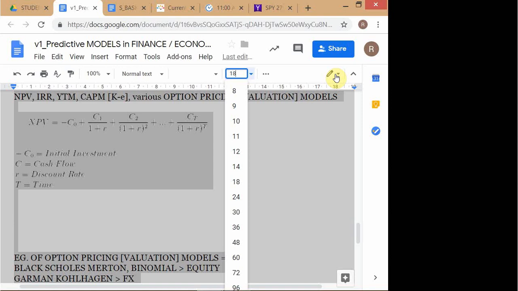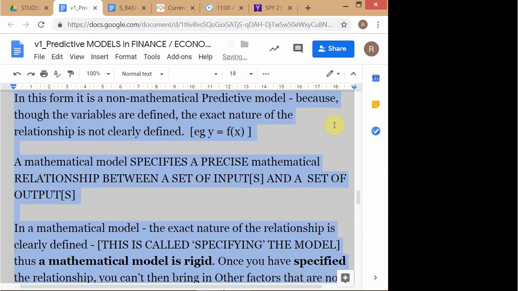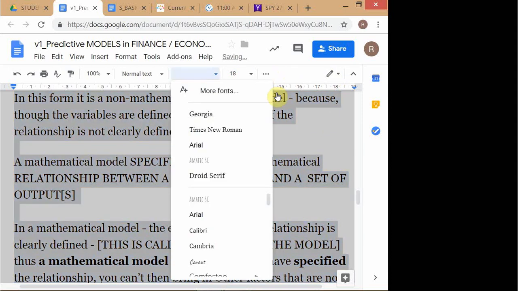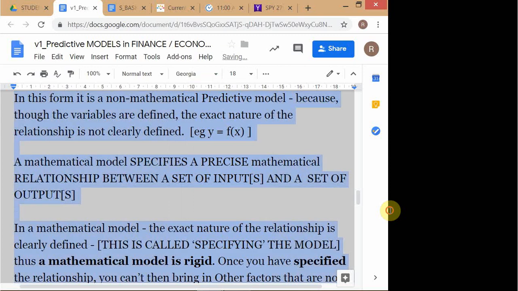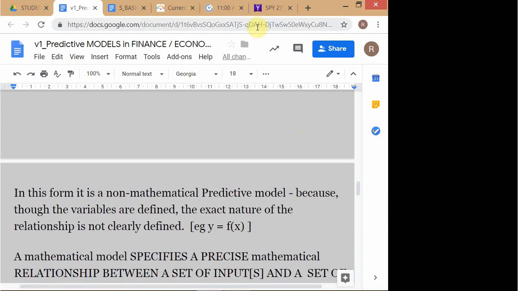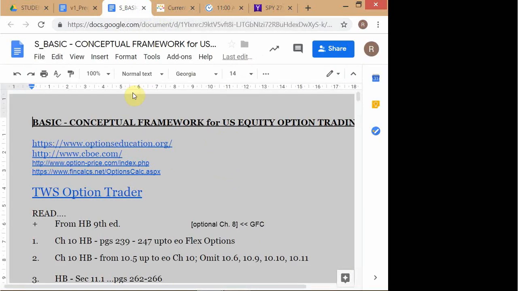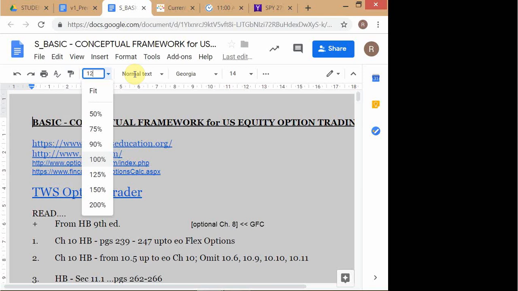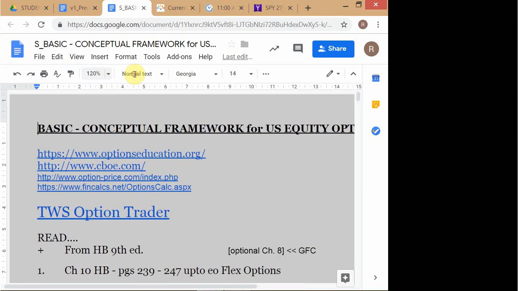So let's make it 18. So this model, this link is already there in your. No, this will also not work.